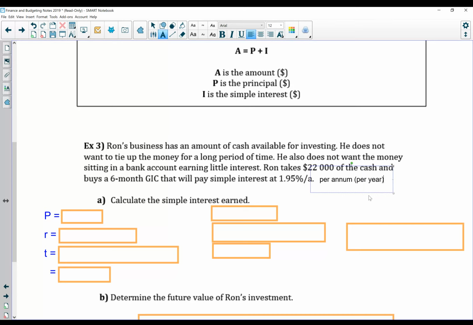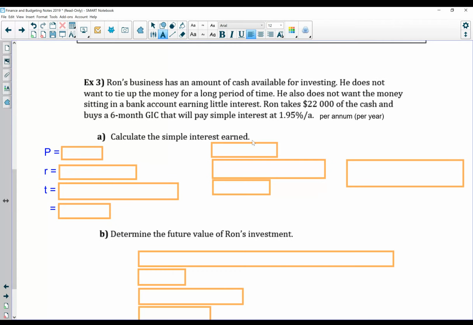So it's 1.95% per year. You will see that notation. Don't worry too much about it, but just know that because my interest rate is charged at 1.95% per year, per annum, then my time always has to be in years.